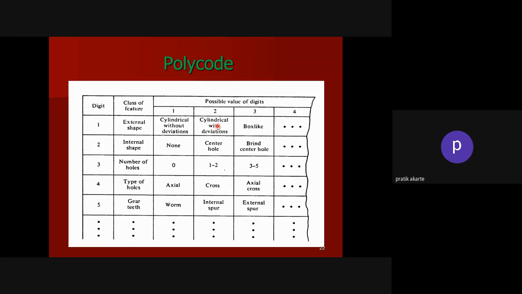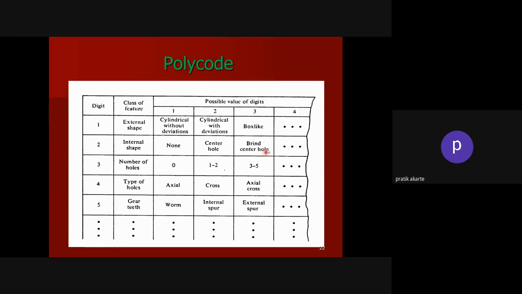If cylindrical with deviation, you can go for number 2. If there is a box-like structure, we go for number 3, and so on. Then digit 2 is assigned to internal shape. If there is no internal shape, then we can go for 1. If there is a center hole, we can go for 2.